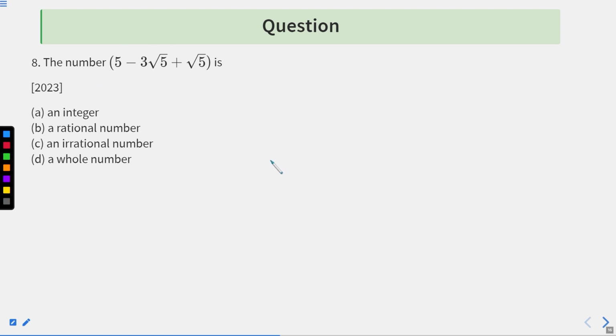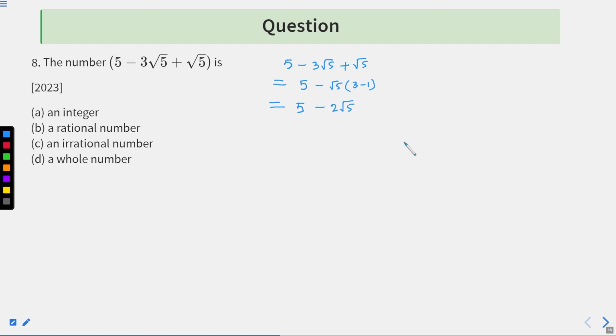In this question we are asked about these numbers. You can simplify this number: 5 minus 3 times root 5 plus root 5, which is equal to 5 minus root 5 times (3 minus 1), and this is equal to 5 minus 2 times root 5.